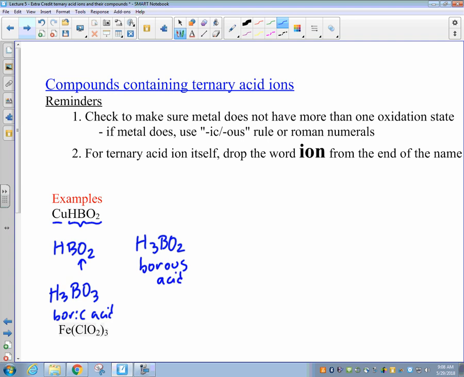So we've got some ion derived from borous acid, and note now that our ion has one hydrogen left over from the dissociation.